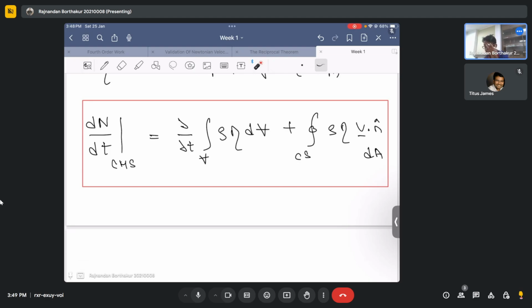Okay, so what the Reynolds transport theorem says is how the extensive property changes inside a control mass system. This is how it is linked to the control volume system, which we denote by the right hand side of the Reynolds transport theorem.